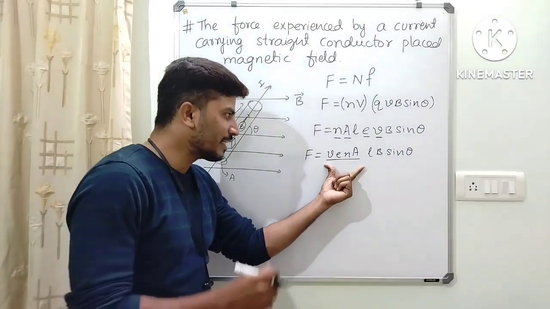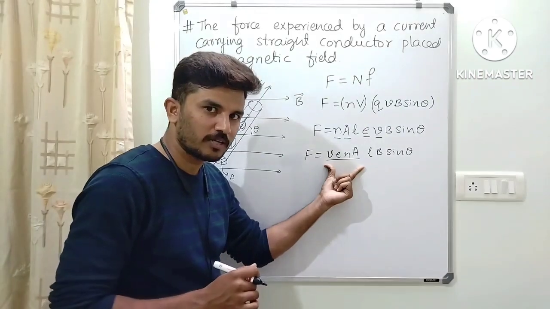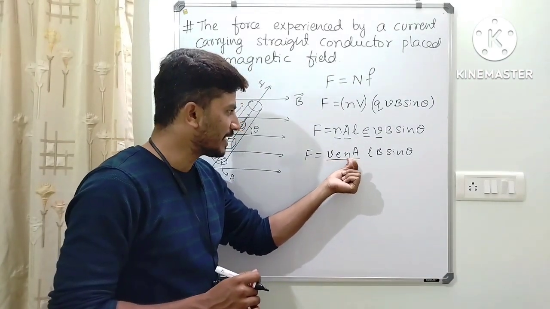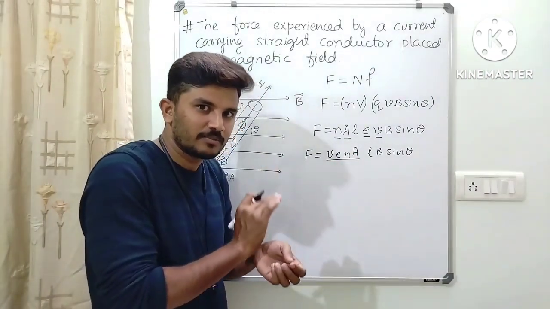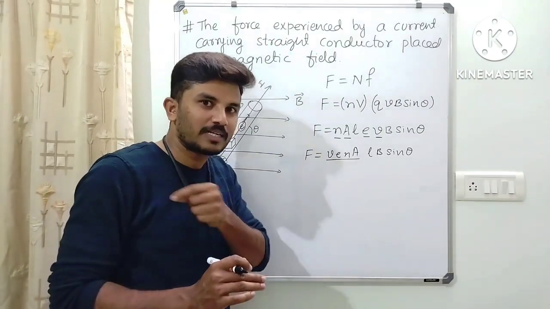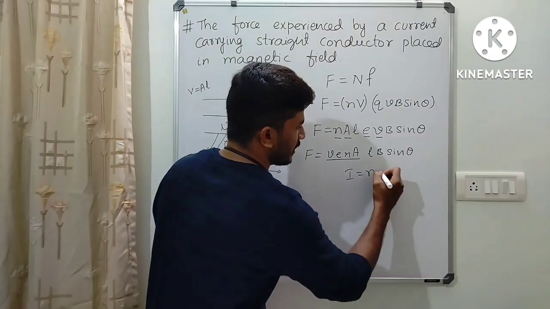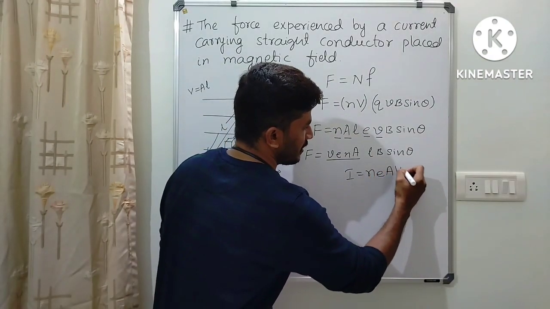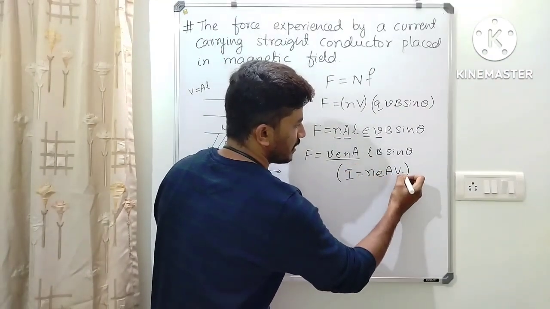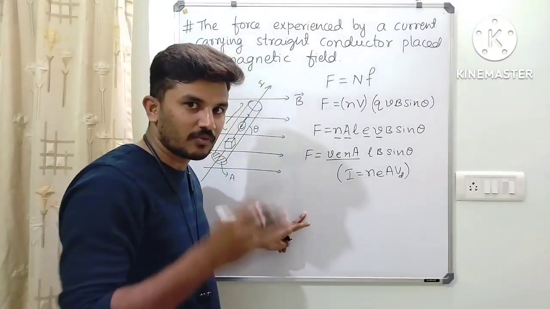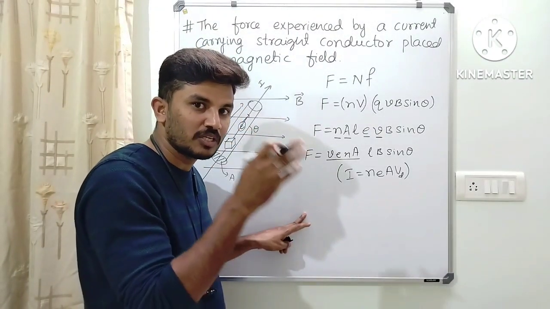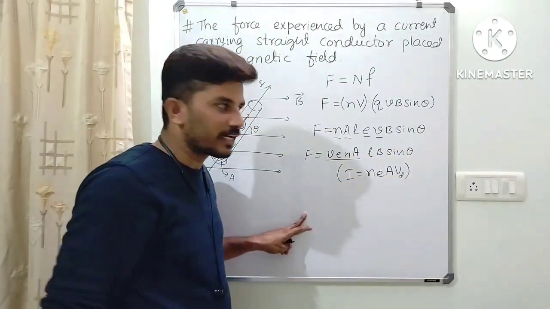So I hope you know this formula. N E A V D is nothing but the current. I is equal to N E A V D, where V D is called drift velocity, the velocity of the charged particles with which the charges drift through the conductor.